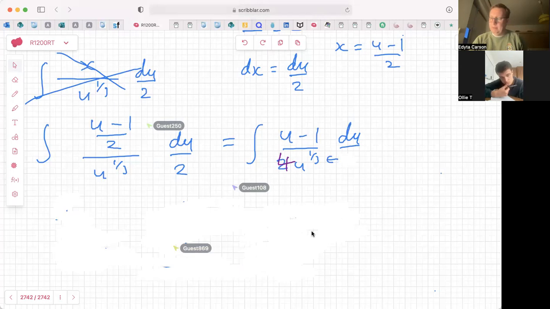So 1/4 integral of u minus 1 divided by u to the power 1/3 du. Next up, we've got a division. Don't like divisions. So we'll actually just divide. So what's u divided by u to the power 1/3?